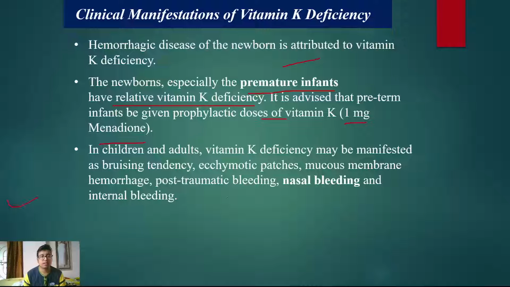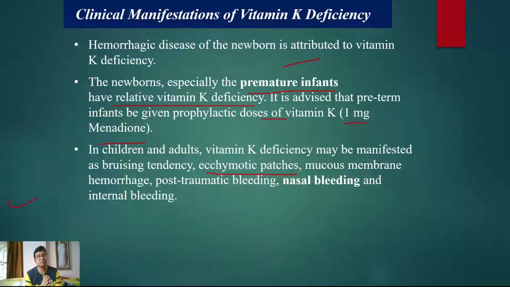Ecchymosis is also seen where there are decreased platelets. So this increased bruising tendency is related to deficiency of vitamin K. Intravascular bleeding occurs, which ultimately gets clotted due to other factors, but the main problem in them all, bruising tendency, ecchymotic patches, mucous membrane hemorrhage, all these things are related to increased bleeding tendency.